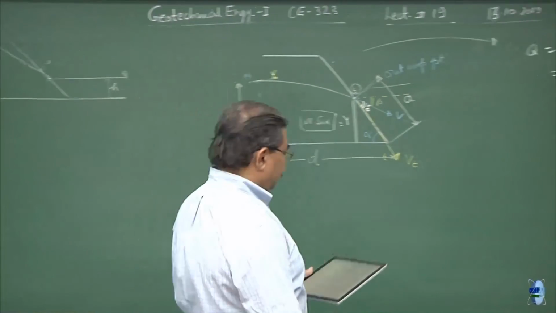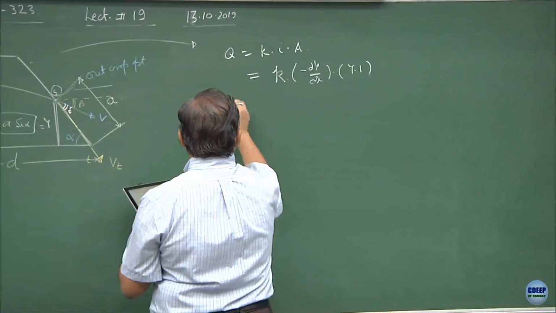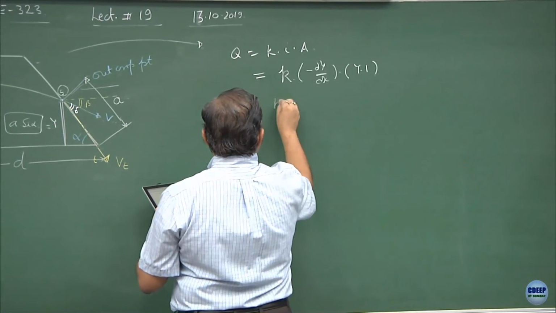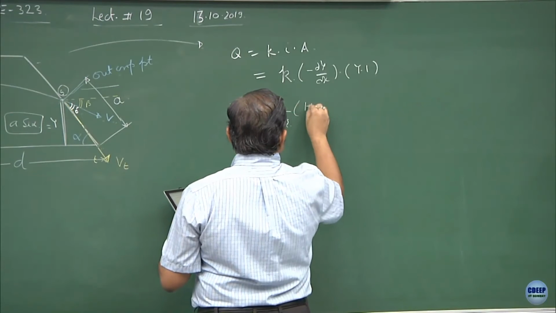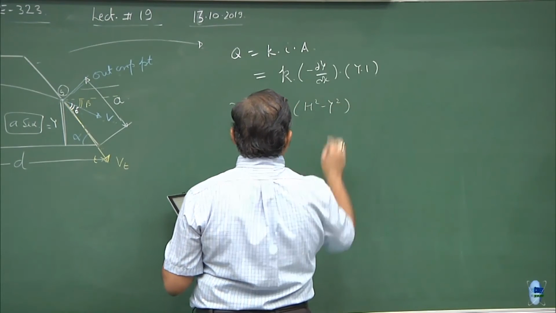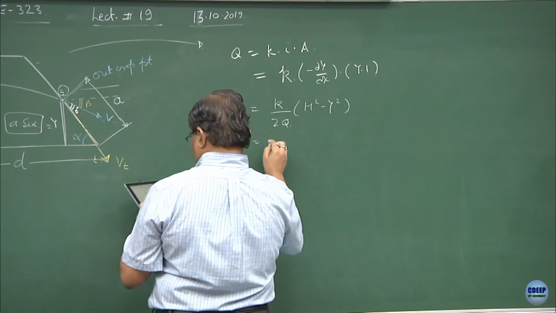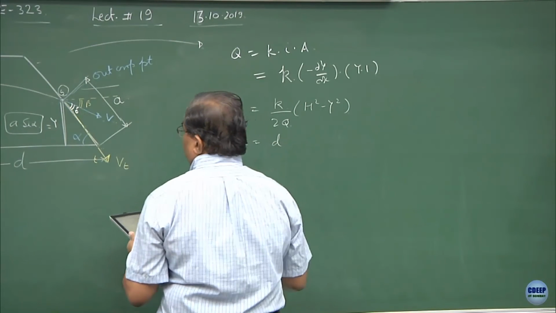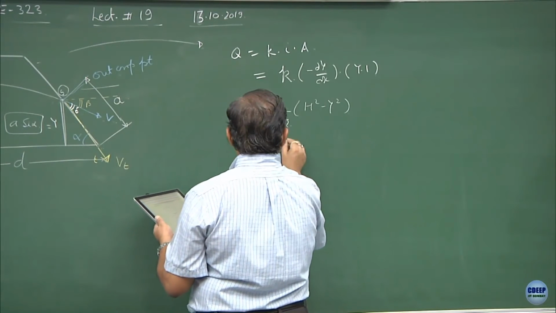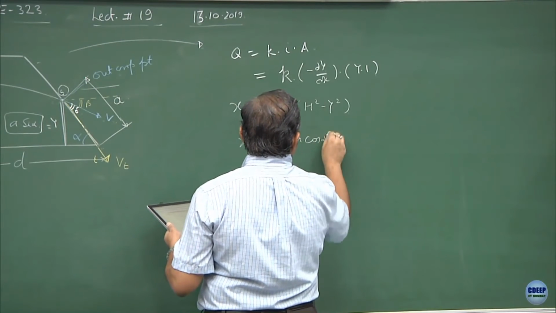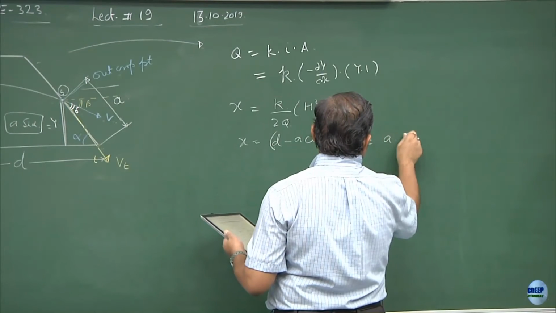Can I show, starting from this function, if I come to, let us say, k upon 2q into h square minus y square, substitute the values, x equal to d minus A cos alpha, and at this point y is equal to A sin alpha.